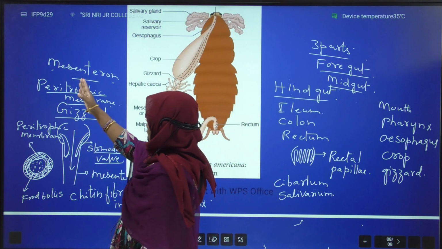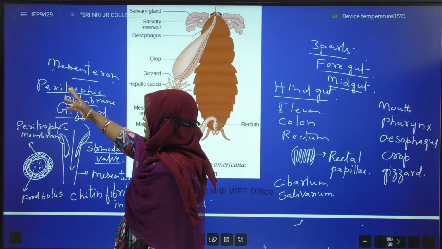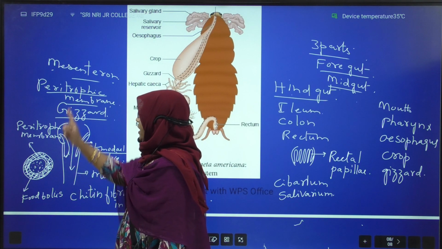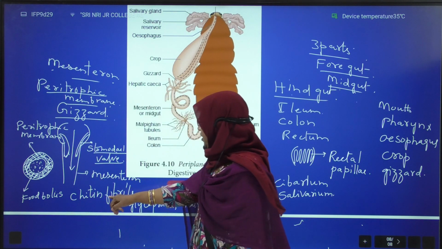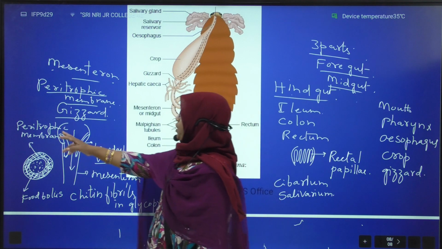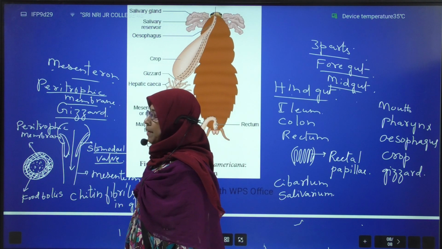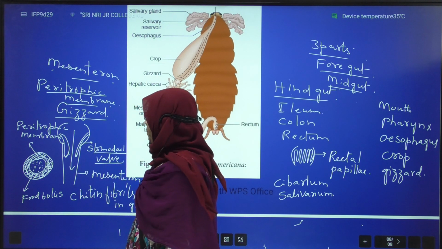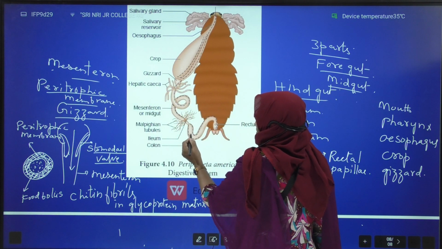Once again, mesenteron forms a porous mesh-like or network-like membrane called peritrophic membrane around the food bolus, which is useful for preventing the walls of the mesenteron from hard food particles. Next, mesenteron leads into hindgut.